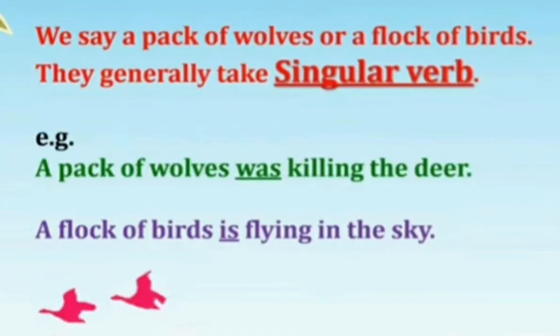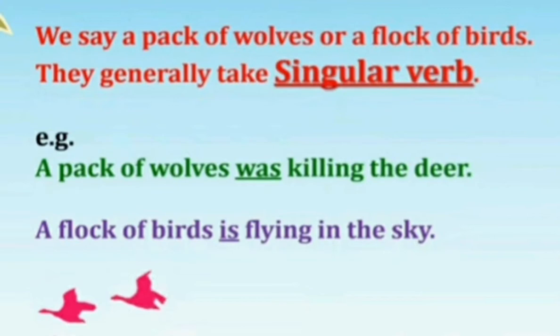Students, here I want to tell you one more thing. When we are talking about collective nouns, we say a pack of wolves or a flock of birds. They generally take a singular verb.